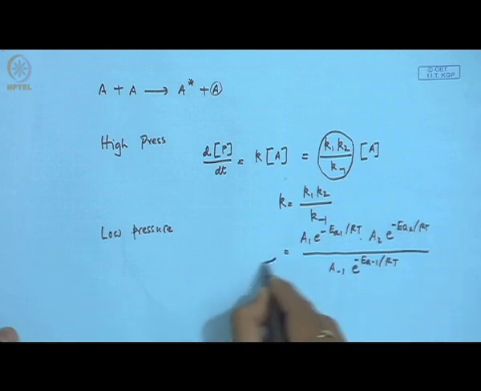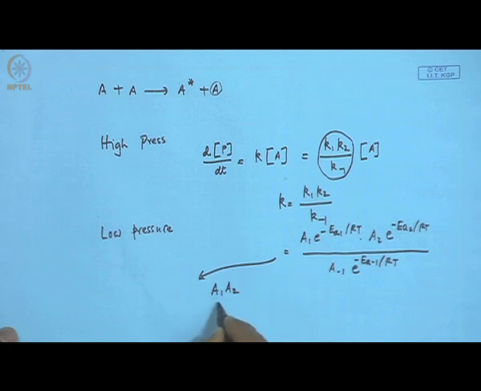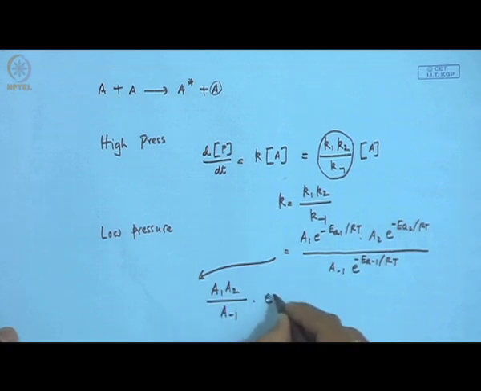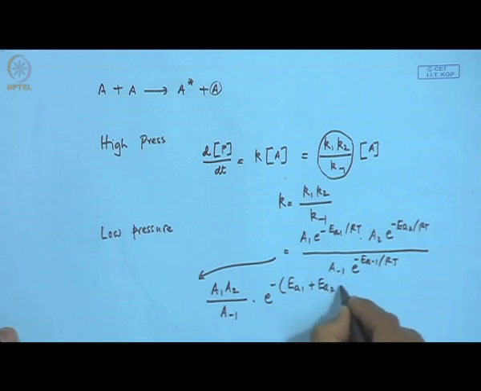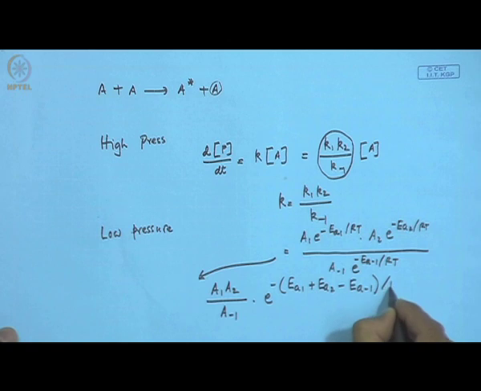That gives you A1 A2 divided by A minus 1 times e to the power minus (E A1 plus E A2 minus E A minus 1) divided by RT.